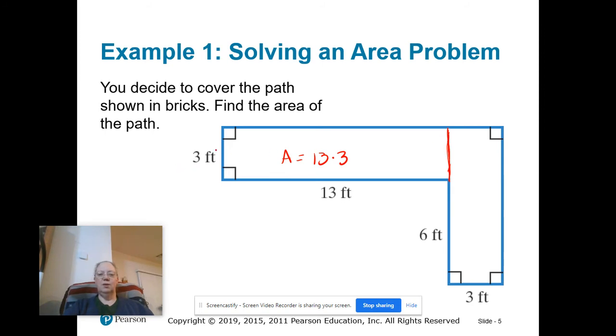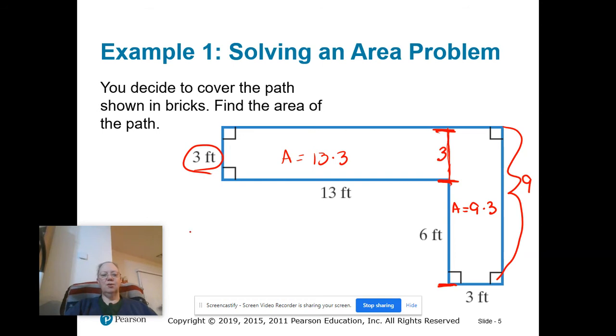Well, right here, I know it has to be 3. So from here to here is 3, and here to here is 3, and from here to here is 6. So all together, that's going to be 9 feet long. So my area for this rectangle is going to be my 9 times 3.